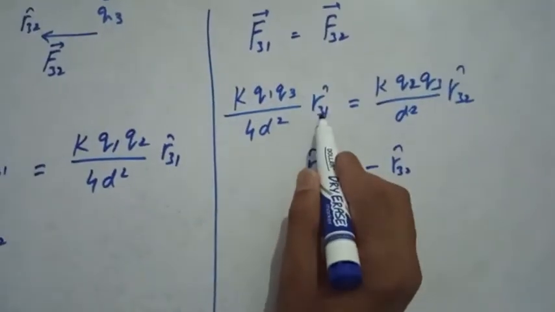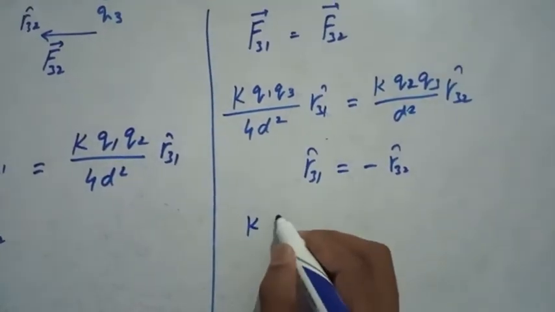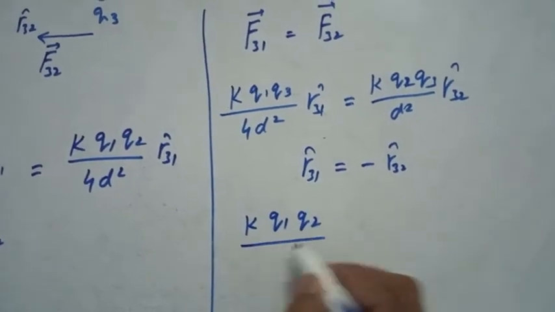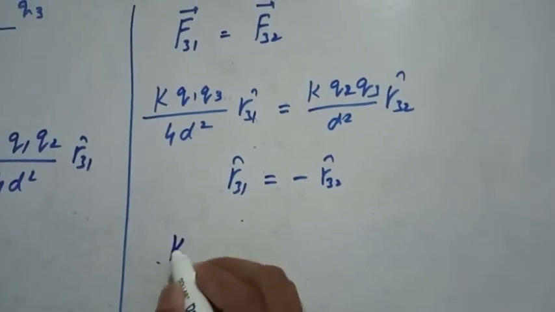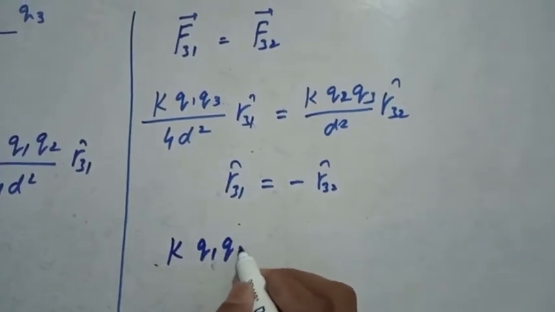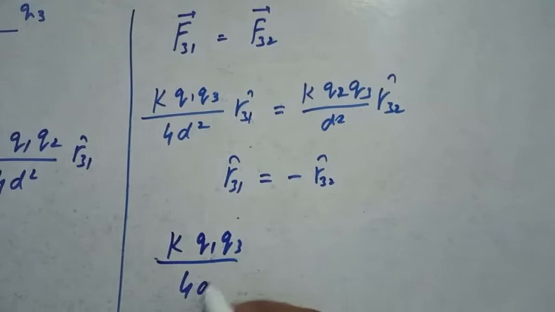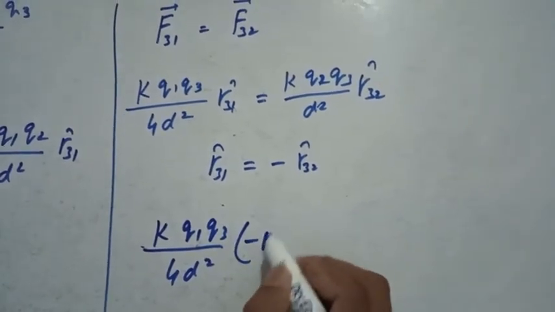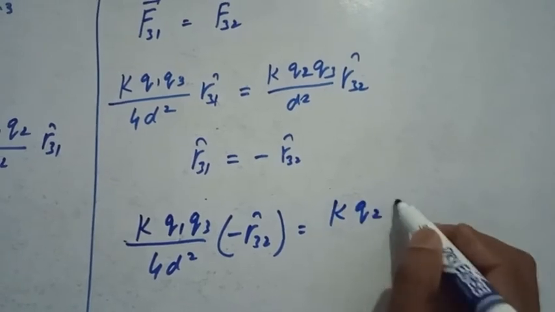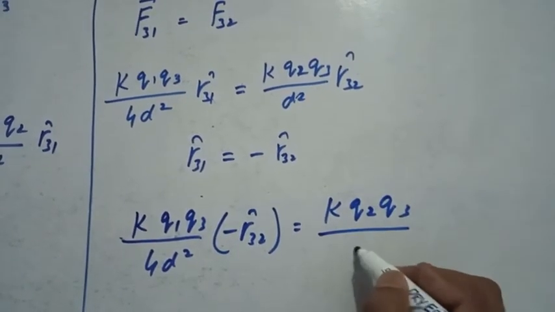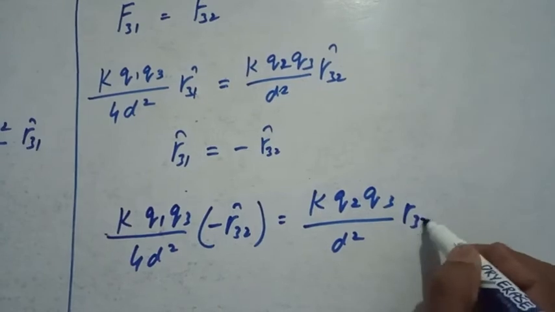So I can rewrite this equation as k q1 q3 over 4d square, minus r32 hat, is equal to k q2 q3 over d square, r32 hat.